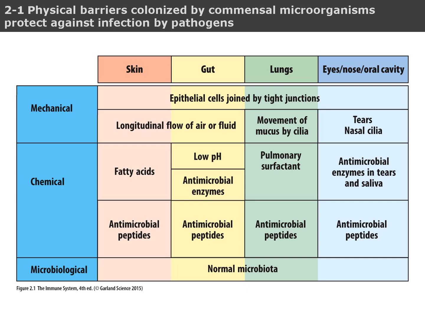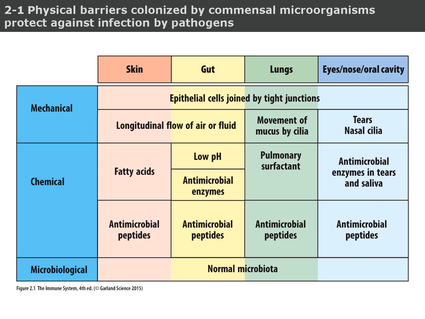In the skin and gut, there's a longitudinal flow of air or fluid that helps sweep away potential invaders. In the lungs, movement of mucus by cilia traps and expels pathogens. And in the eyes, nose, and oral cavity, tears and nasal cilia help wash out microorganisms.